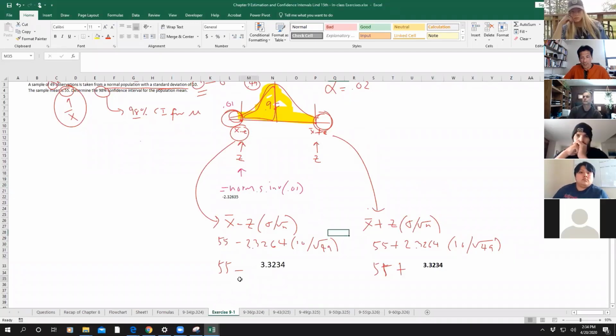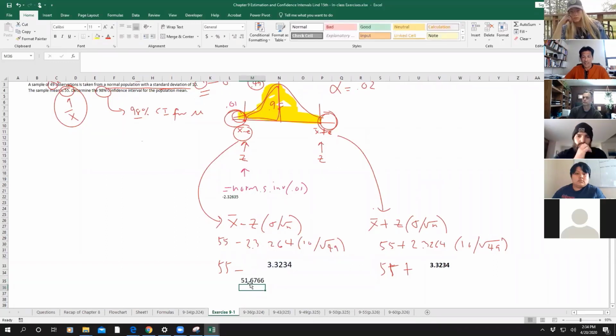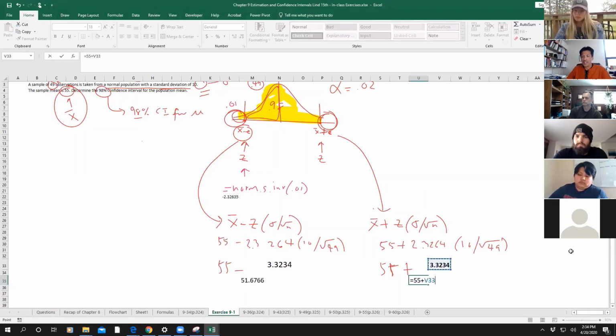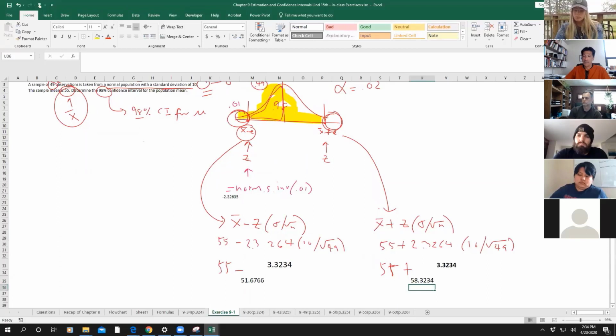The lower limit is computed as 55 minus the margin of error in that cell. And the upper limit is equal to 55 plus the margin of error. Together, these two numbers comprise the limits.